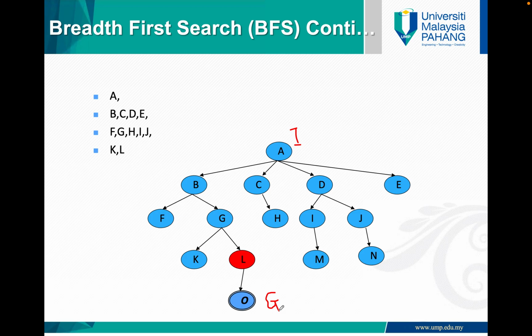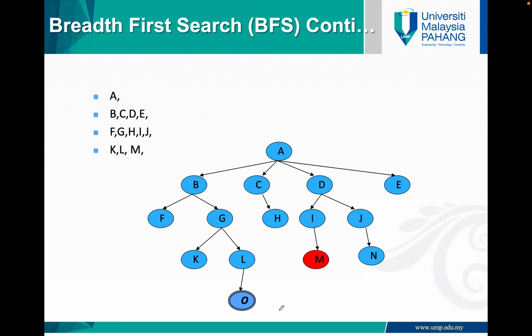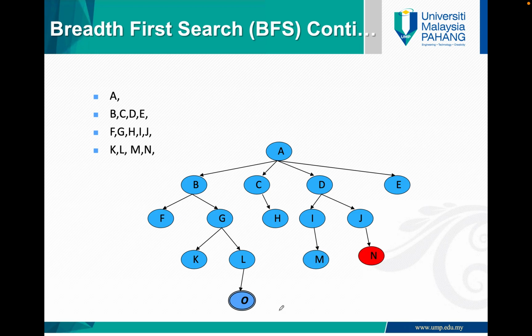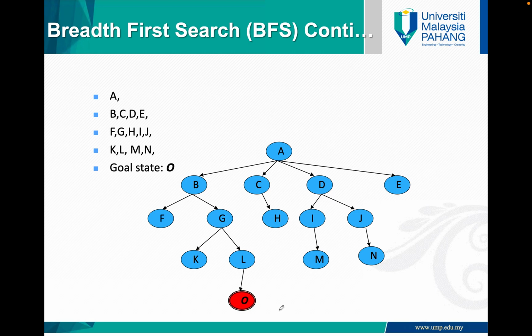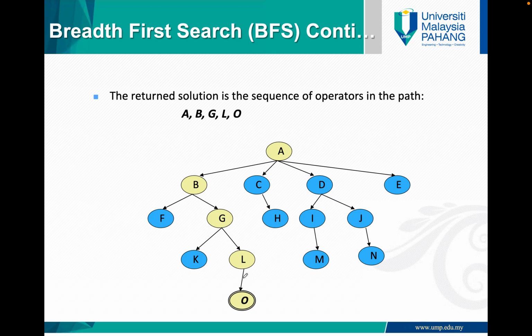Now we know O is the child of node L. So we have to find the path to go to O. We expand M, and we expand N, and then the goal state here is O. So the solution that we can write is from A, we go to B, from B to G, G to L, and L to O. That's the solution for this problem.